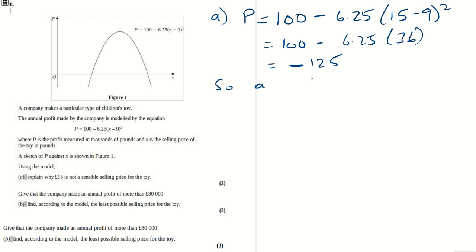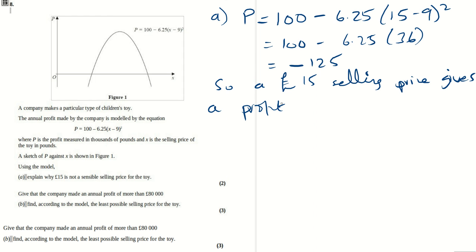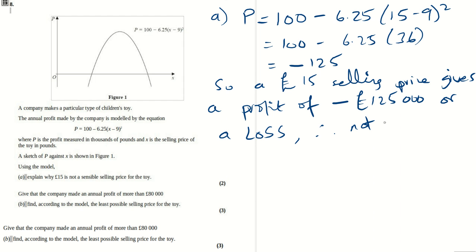So a £15 selling price gives a profit of minus £125,000, or a loss, therefore not sensible.